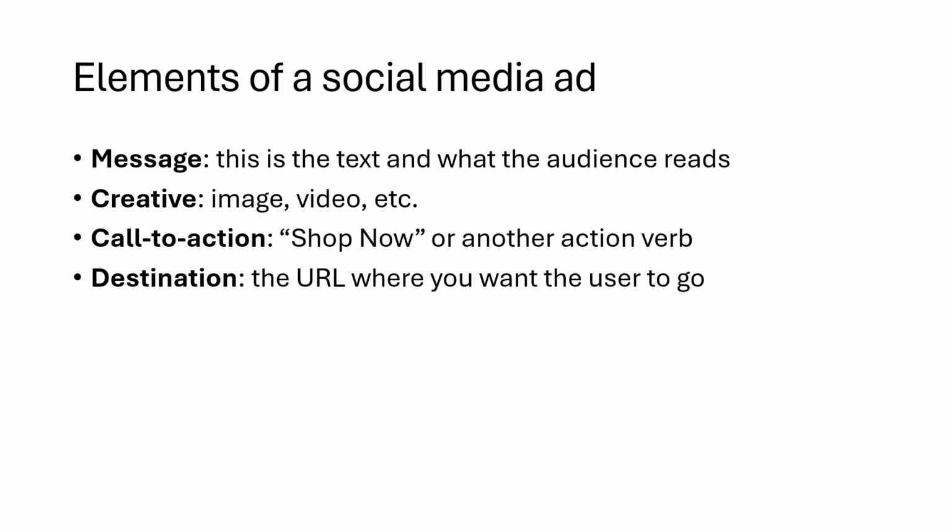There are differences between, so like Meta, for example, has a destination URL, but they also have a vanity URL. A vanity URL is just what the link is that you see, where a destination is the actual URL where you would go. This is helpful because a vanity URL would be helpful if the actual destination is a really long and unwieldy website that might have a lot of different measurement parameters included.